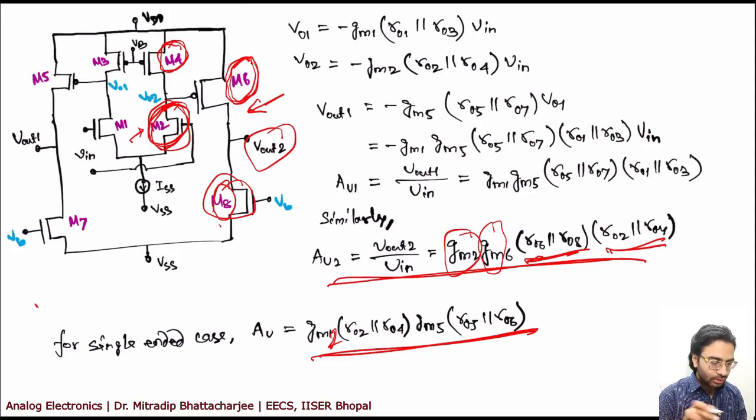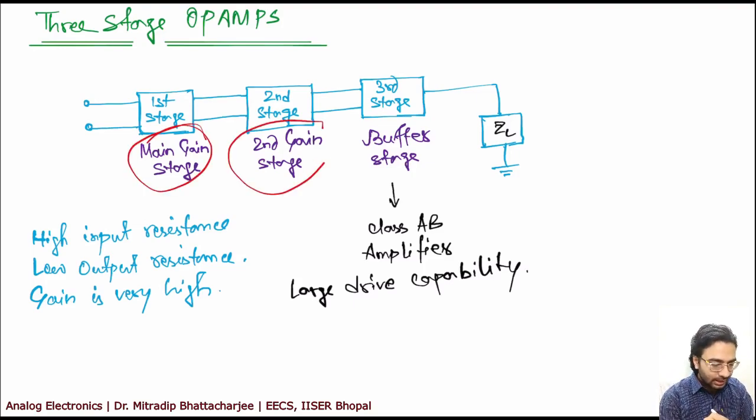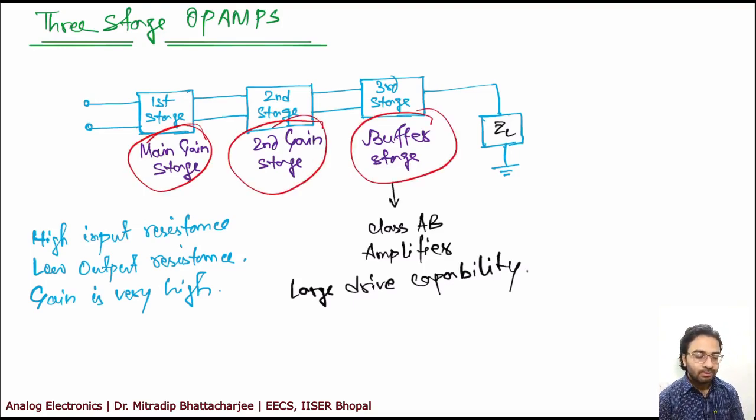Okay, so just to give you an understanding of how we place these current sources or these biases inside the circuit, I just told you. Generally the current mirror is the option that one can explore. Now there are 3-stage op-amps, which I already told you about previously, where you have the main gain stage, the second gain stage, and then a buffer stage. The buffer stage actually gives you the output current.